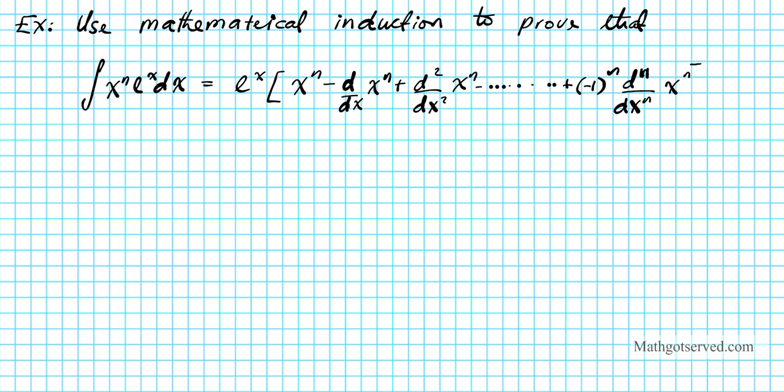Okay, so this is what we're going to have to prove using induction, for n in the set of positive integers. That's the n in the set of natural numbers.